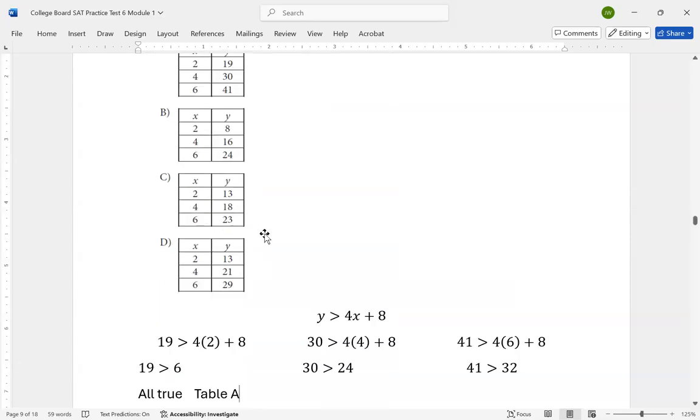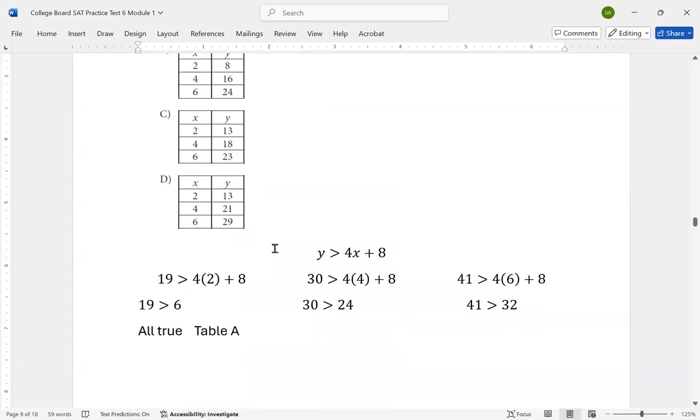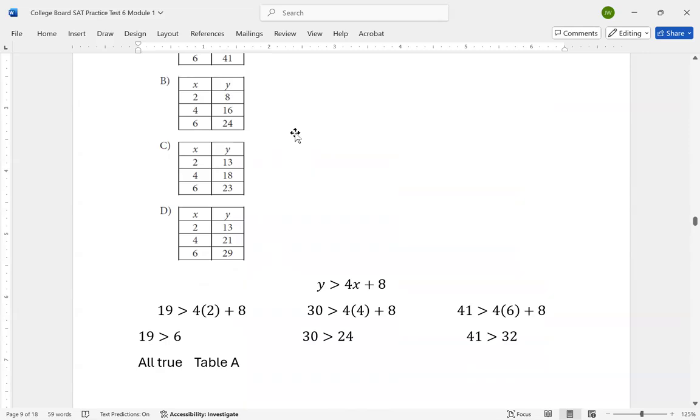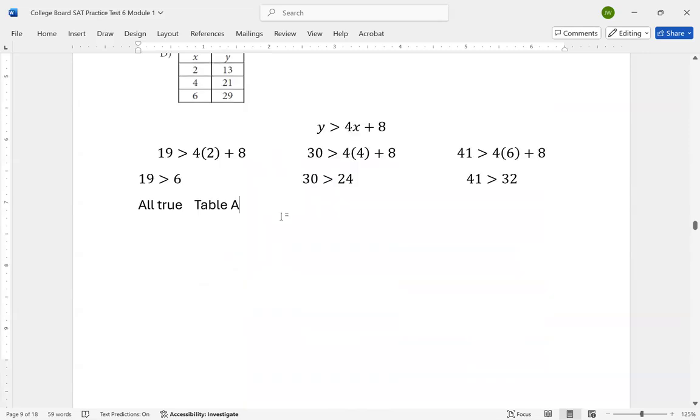So let's go ahead and check for part B. B has 2, 8, 4, 16, 6, 24. So what we would do for B is set up the 2, 8 into this inequality, y greater than 4x plus 8.